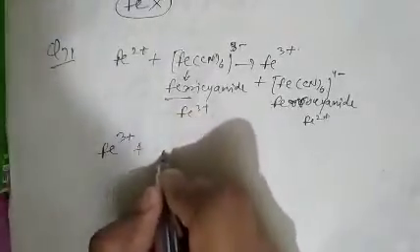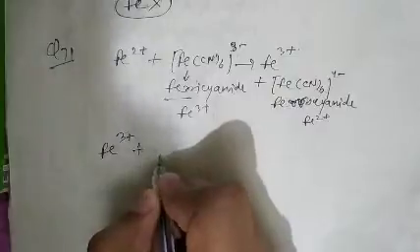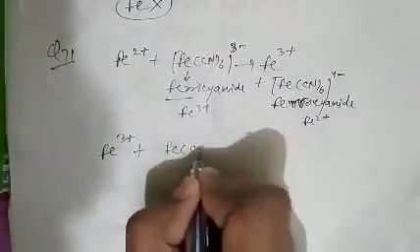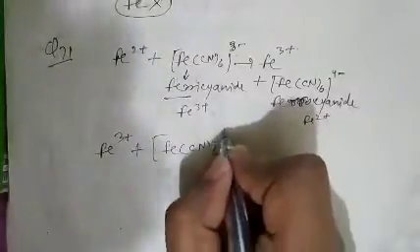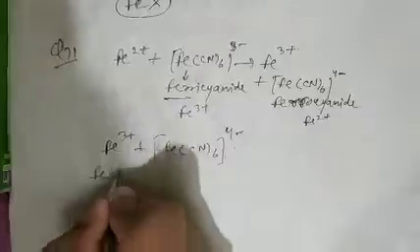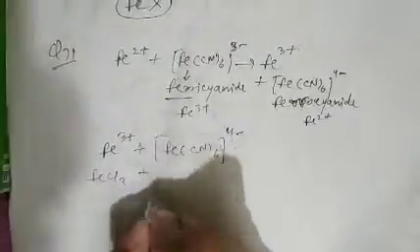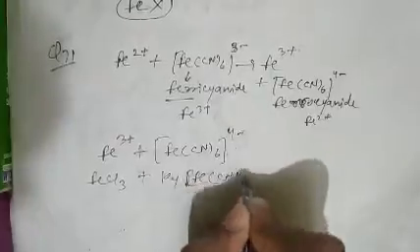Now when Fe3 plus reacts with Fe(CN)6 4 minus, we can say the reaction is similar to FeCl3 plus K4Fe(CN)6.